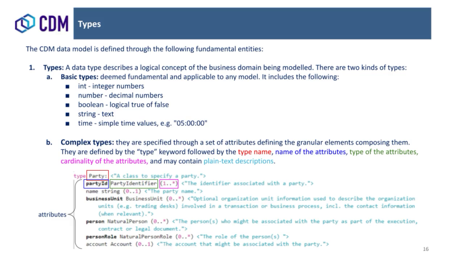We have a set of basic types in the DSL, so there is nothing special. The only thing is we also have human readable comments for each of the attributes, and those become very important when we apply this to reporting or specific use cases. But this is quite basic.